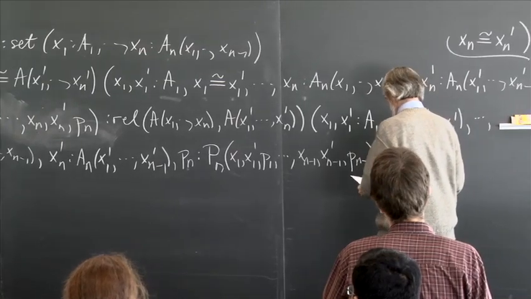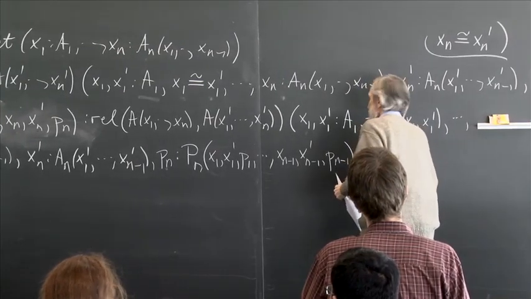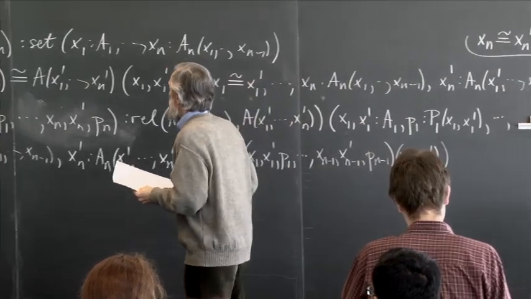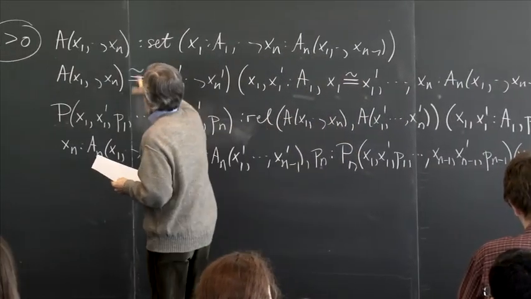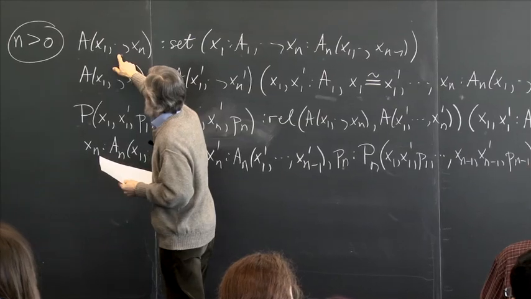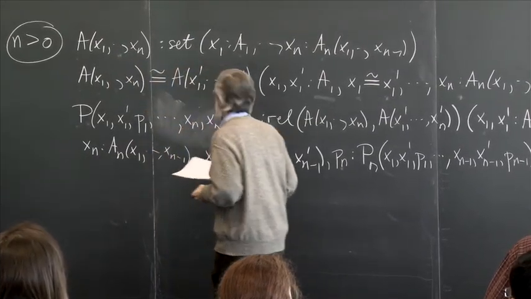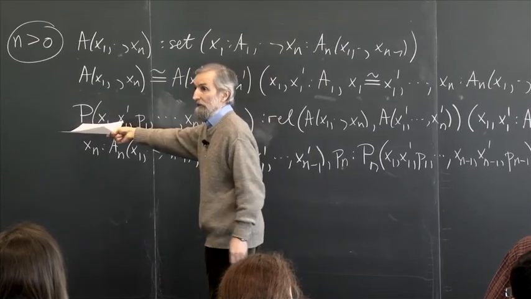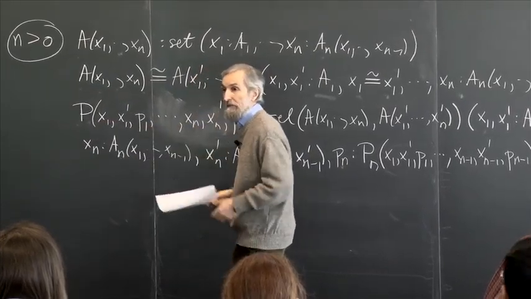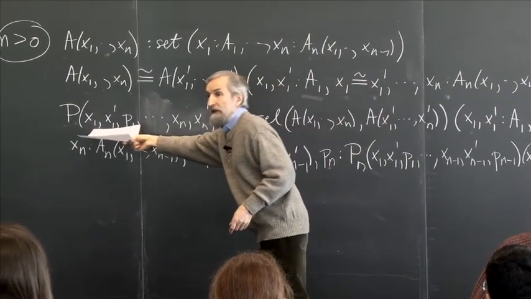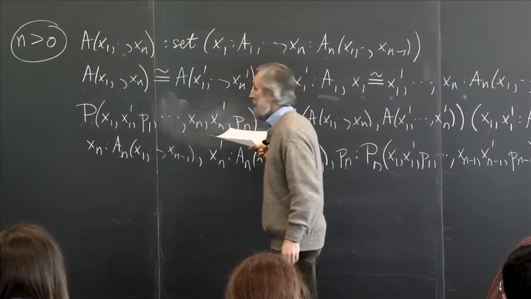So now we have the whole context here. So this family of sets capital A is relation invariant, provided it has been equipped with this relation capital P, which depends on these 3n arguments that we have here.